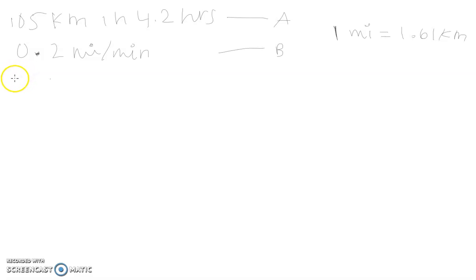So 4.2 hours, right? Multiply it. In 1 hour, how many minutes are there? 60. So the answer to that is 252 minutes.